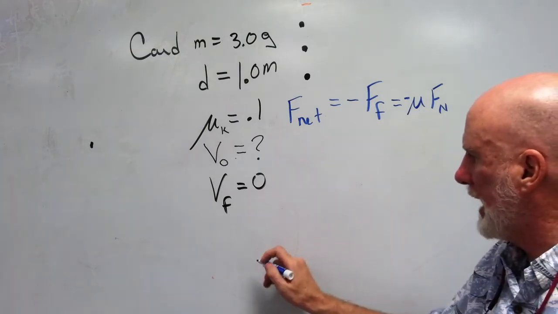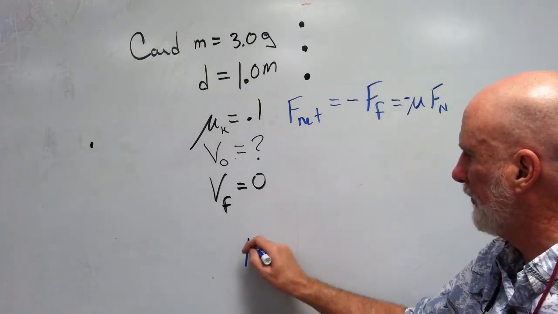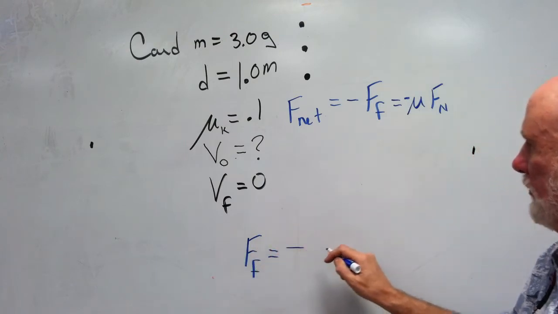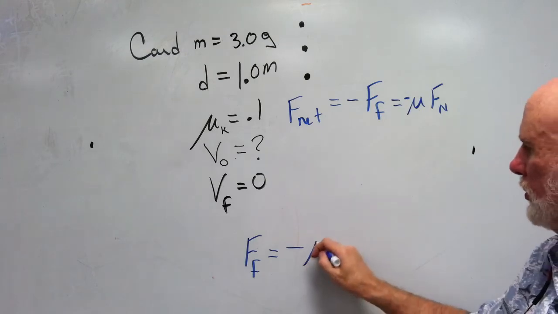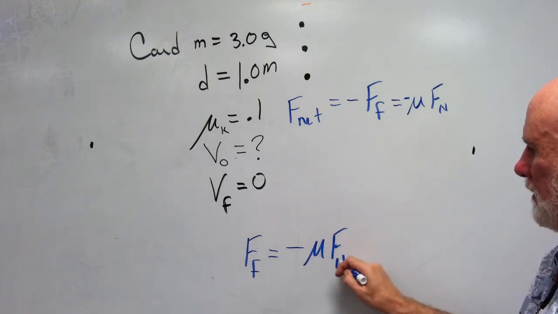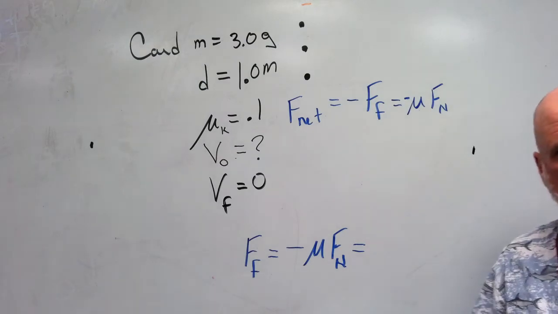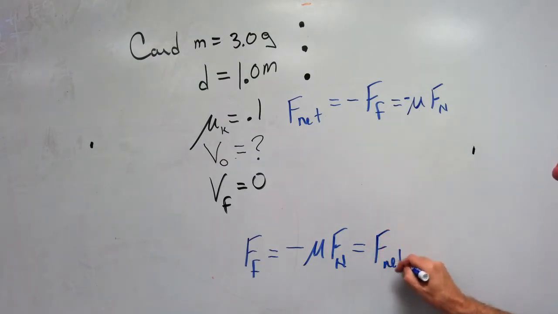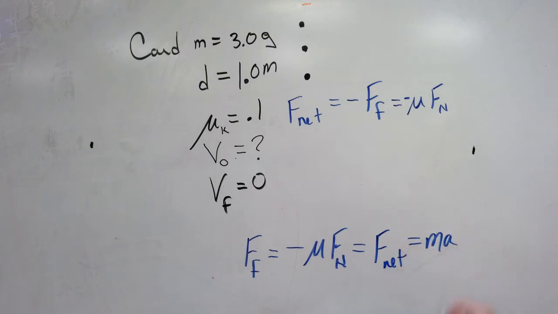And I know that F equals negative mu Fn, which equals the net force, which equals ma. Correct? Now, I know that Fn equals Fw.